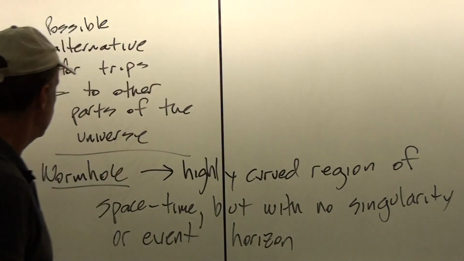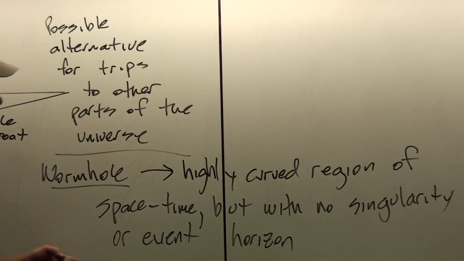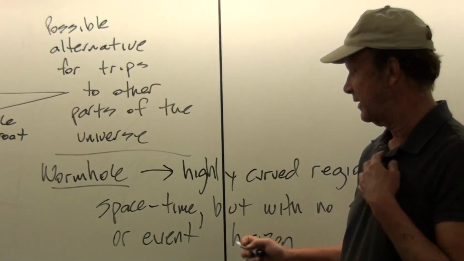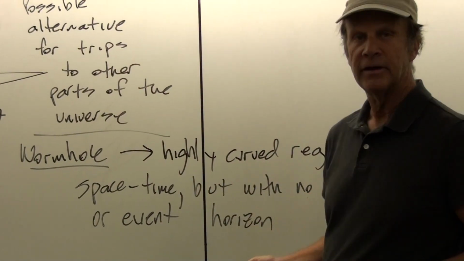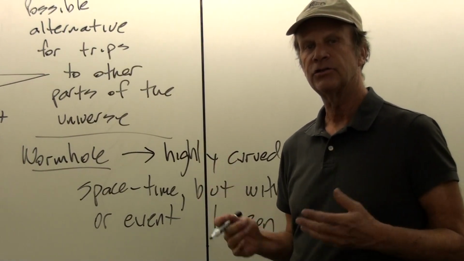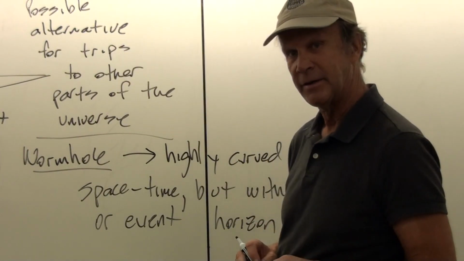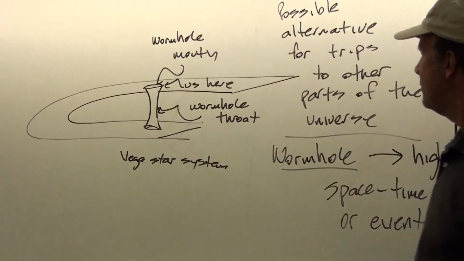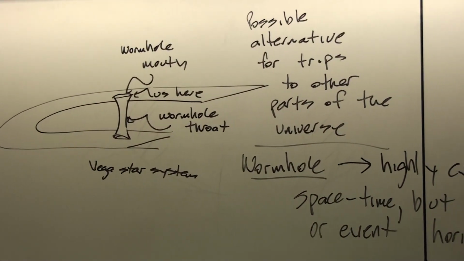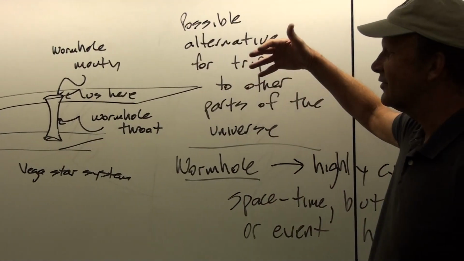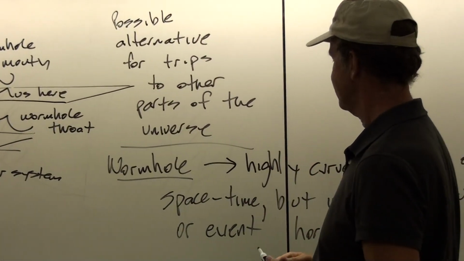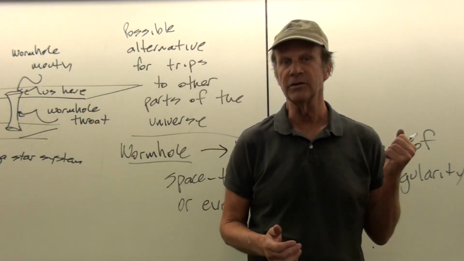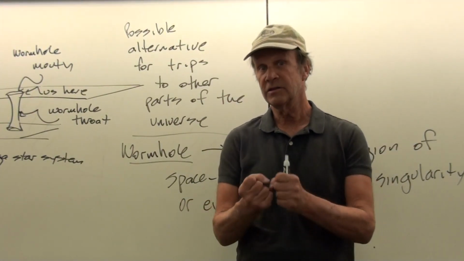So if you'll recall, the main problems with the black hole solution were that you had quantum radiation being given off by the singularity, and you had two event horizons to go through, each one of which would result in an infinite amount of time going by. But if you could have this highly curved region of space and time that avoids the problems involved with infinite time stretch, and you could also eliminate the quantum radiation, then the only other problem with the black hole solution was the tidal stretching.